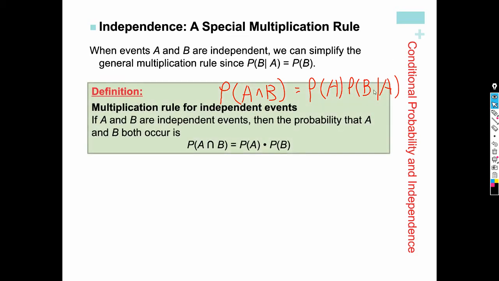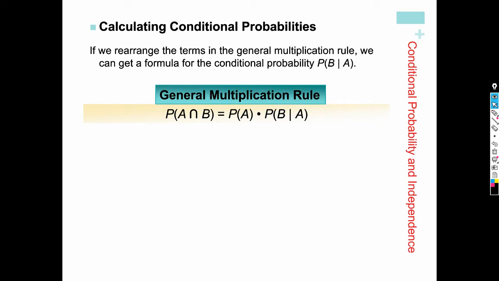So instead of saying we need to know whether A happens first, we can just say, well, let's take probability of A times probability of B. So if two events are independent, then the probability of A and B is just the probability of A times the probability of B.